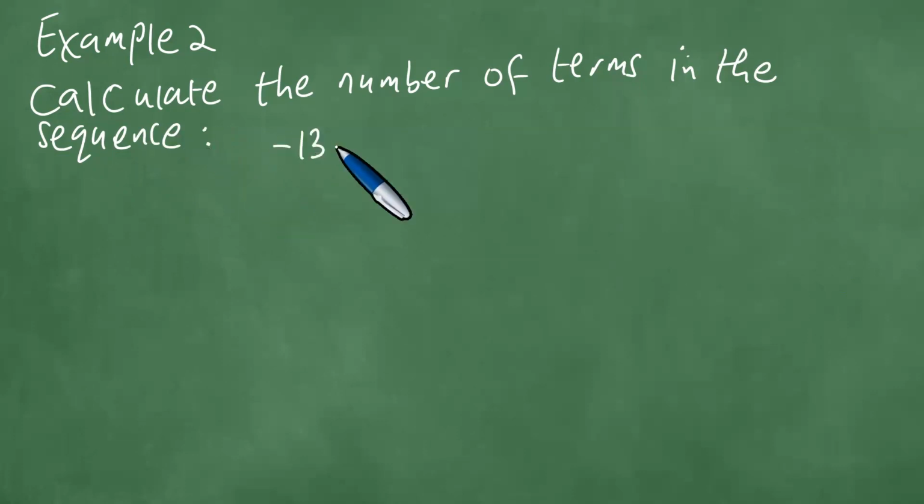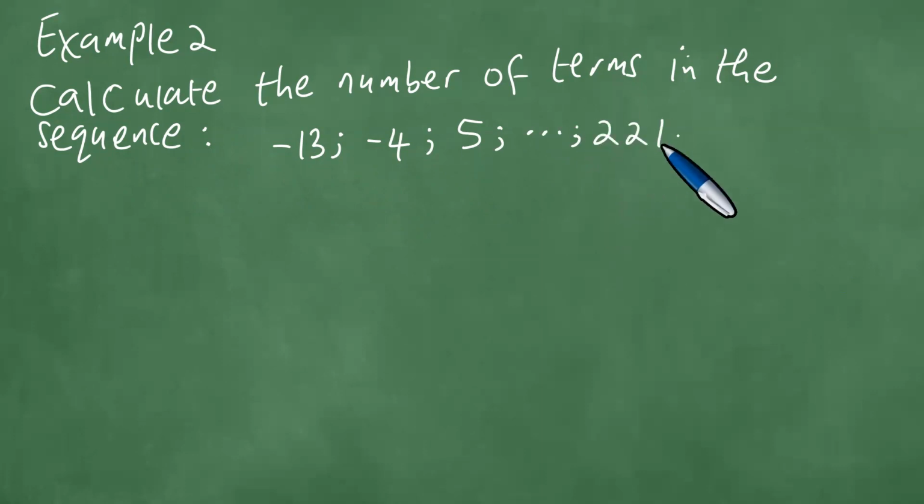Minus 13, minus 4, 5, then we put 3 dots, we call ellipses. After the ellipses, we put 221. And then the solution right now.